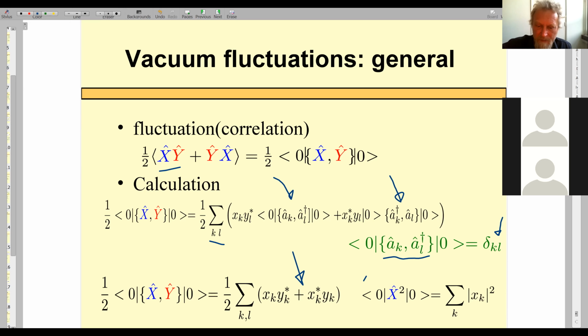In particular, for the fluctuation of operator X, I found this. Then if we have quantized any field, we can immediately compute vacuum fluctuations.